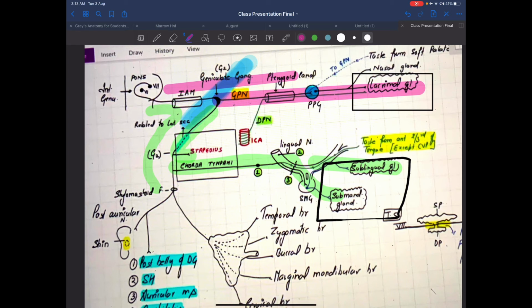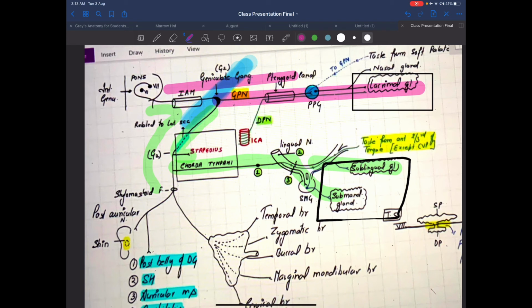Now, as you have studied in neurophysiology, whenever there is an injury to a nerve, the nerve goes through different processes, different steps to actually recover from the injury, which includes stuff like Wallerian degeneration, proximal degeneration, distal degeneration, then regeneration.